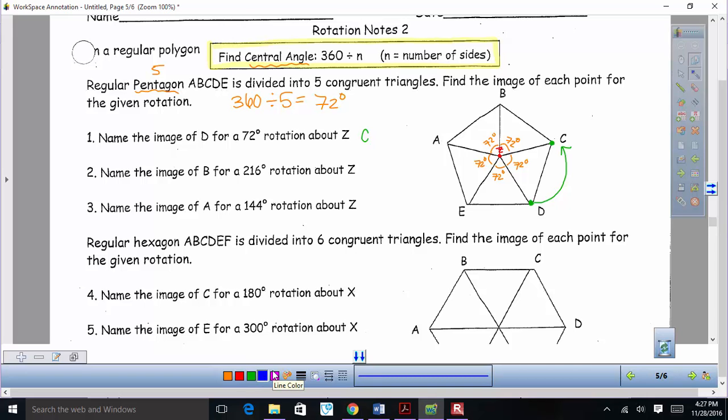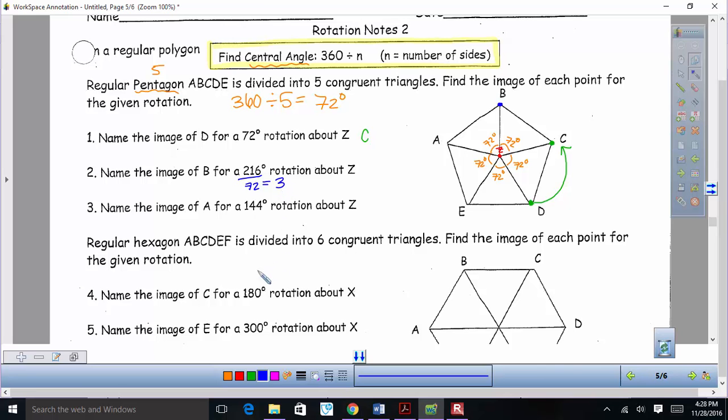Let's look at another one. So number 2 says name the image of B. So we're going to start at B for a 216 rotation about Z. So what I need to do is figure out how many 72s give me 216. So if I do 216 divided by 72, that's going to give me 3.